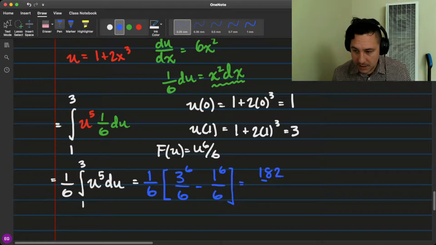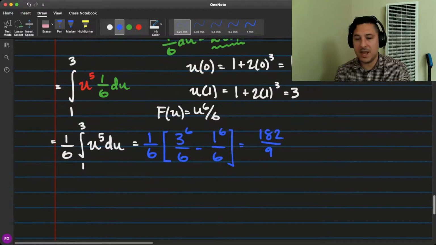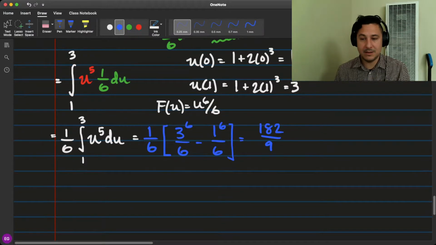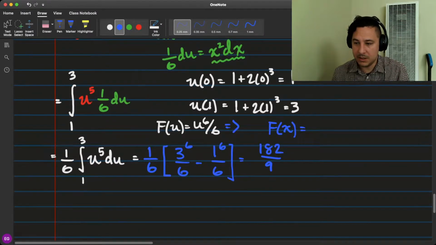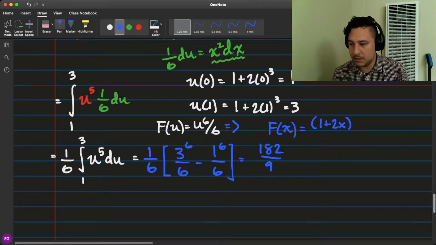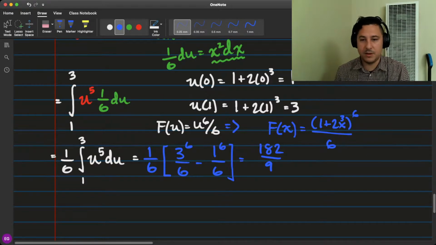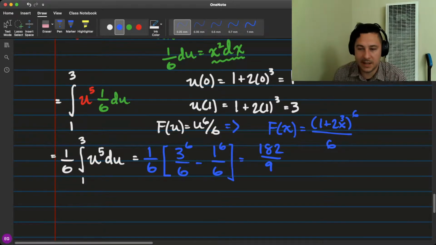Now, the other way you could do this is if you take everything back to x's. So if you're thinking about this in terms of x's, your antiderivative is, what was u equal to in the first place? 1 plus 2x to the third, so you'd have 1 plus 2x to the third to the sixth over 6. So you would have to plug 0 and 1 into that.